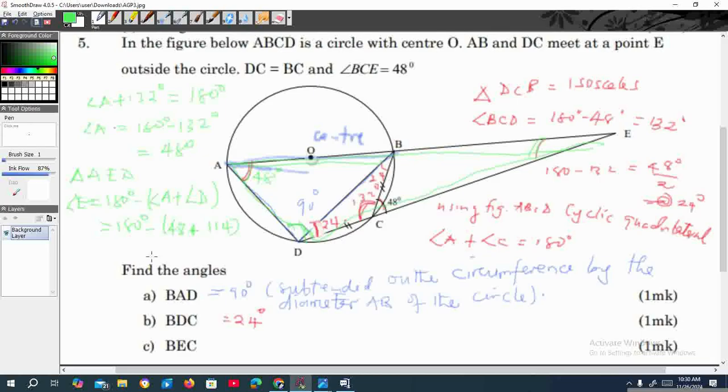So 114 plus 48 is 162. So the angle will be 180 minus 162, and this will be 18 degrees. So the angle here will be 18 degrees.